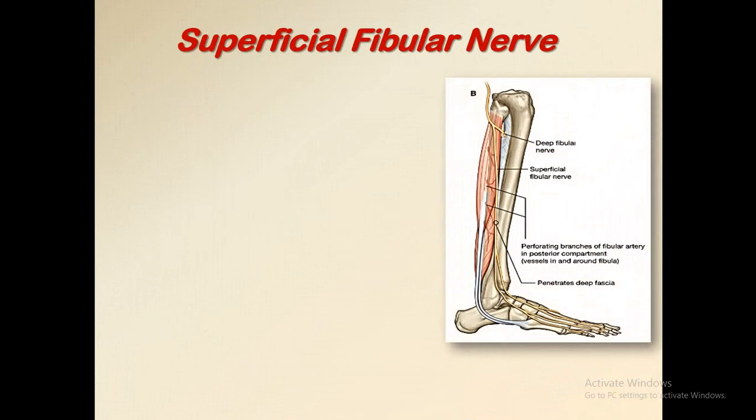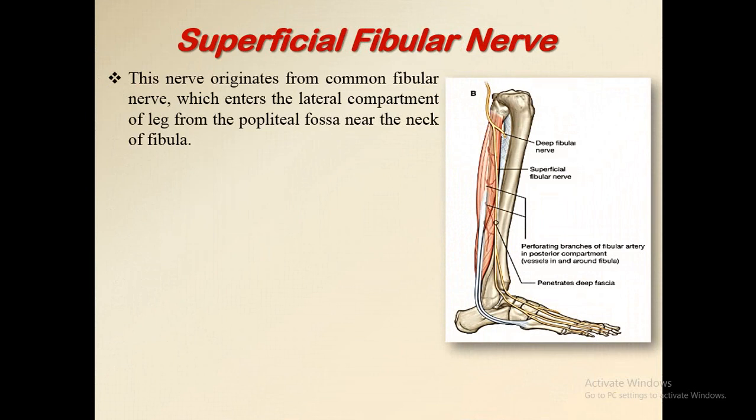Nerve supply of these two muscles is the superficial fibular nerve, which originally comes from the common fibular nerve.